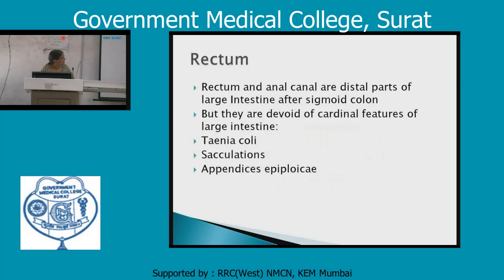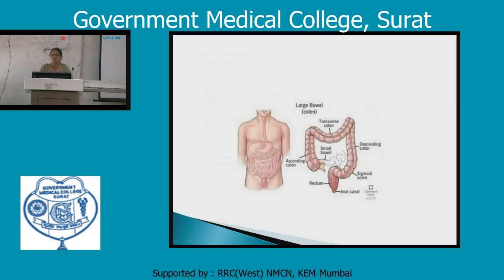The cardinal features of the large intestine are tinea coli, where the longitudinal muscles are condensed in the form of three muscle bands, that is tinea coli. Second important feature is sacculations, dilatations, and third, appendices epiploicae, the fat-filled peritoneal folds. You can see the tinea coli here, the longitudinal ribbon-like muscle, and these are the sacculations.